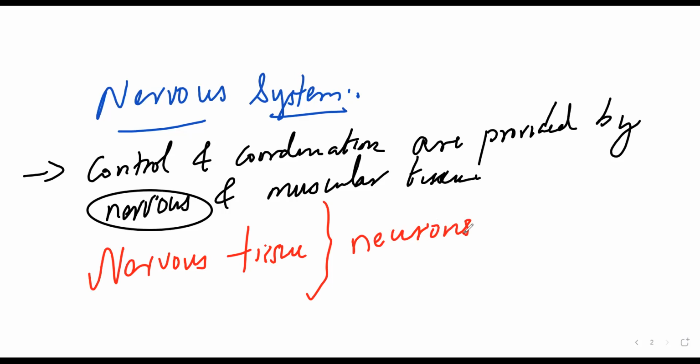So what are neurons basically? Let me give a very simple example. Mainly it's a collector for collecting signals.